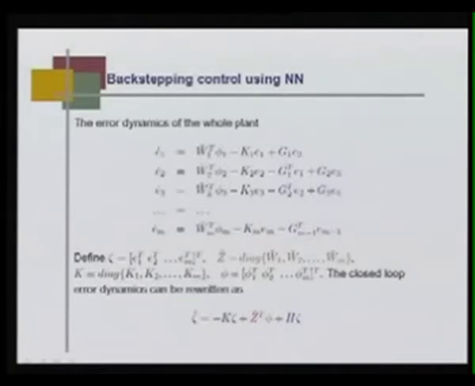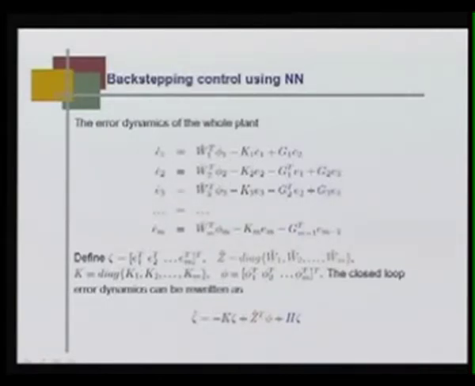So, I now represent the error dynamics that we have already shown. e1 dot is f1 minus f1 hat minus k1 e1 plus g1 e2, and e2 dot, the derivative of the second error, is f2 minus f2 hat minus k2 e2 minus g1 transpose e1 plus g2 e3, and so on. This is my error dynamics.